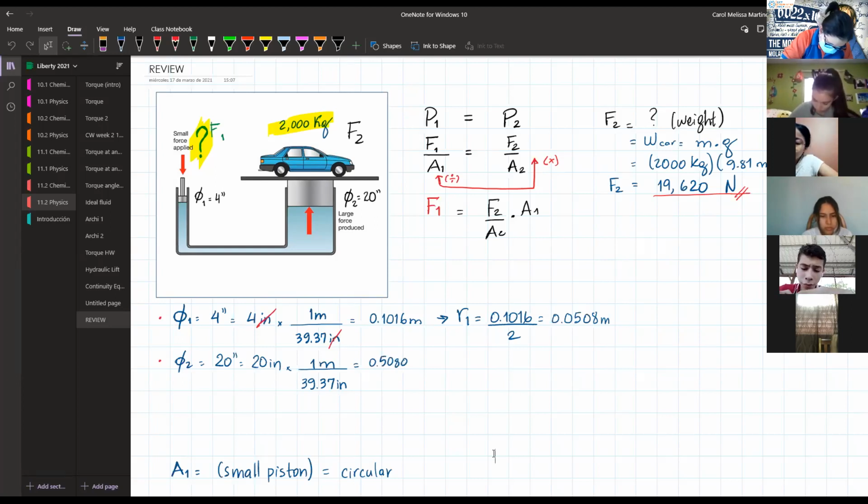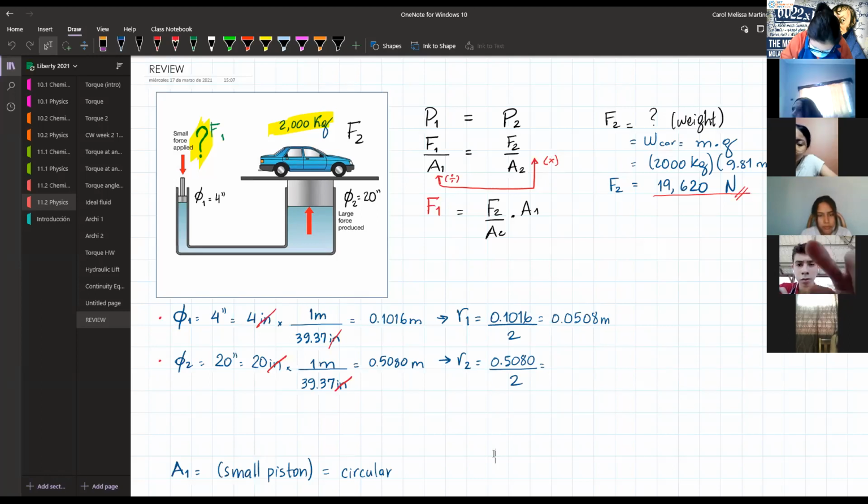Cancel the units. Okay, this is the diameter, so you need to get the radius. The radius of section 2, the large piston, is going to be half of what you got. How much is that? 0.2540. That is correct.